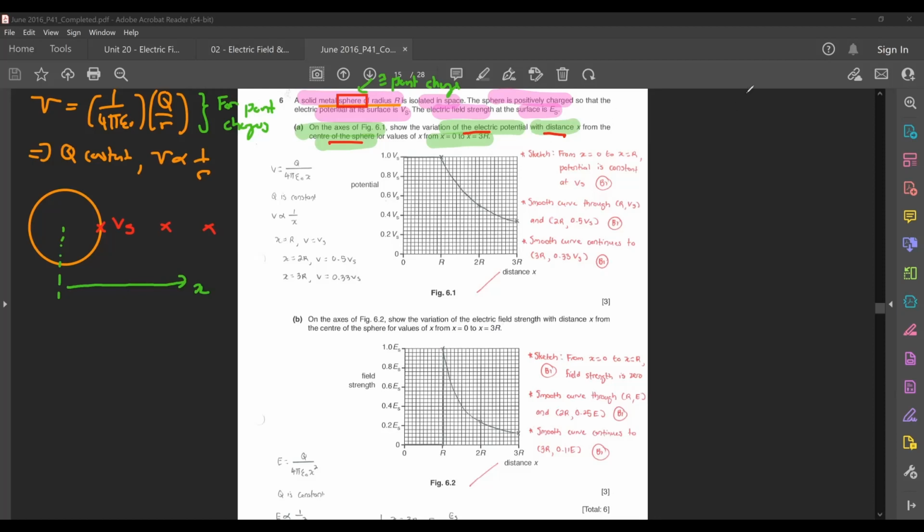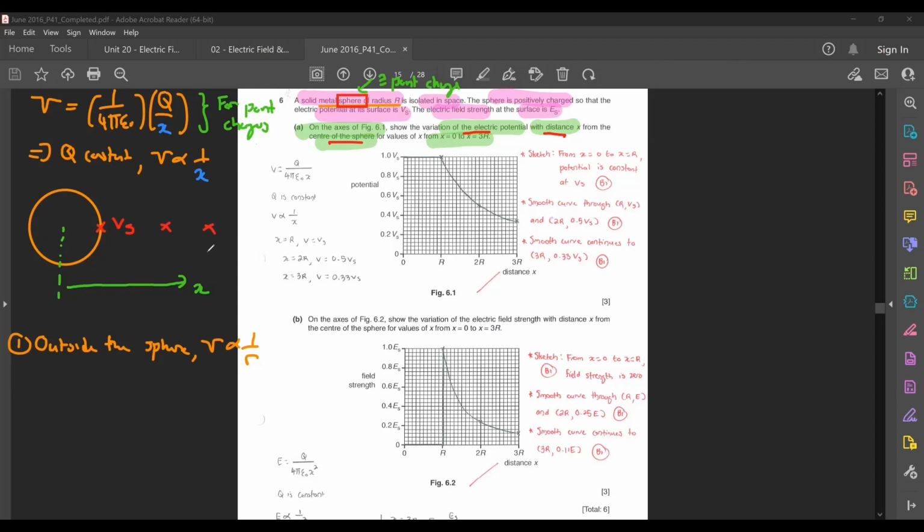Okay, so let's consider the case outside the sphere. Since potential is inversely proportional to R, in my case I think I better change it to follow what the question says. Rather than saying R, maybe I should just say X, in order not to cause you confusion.